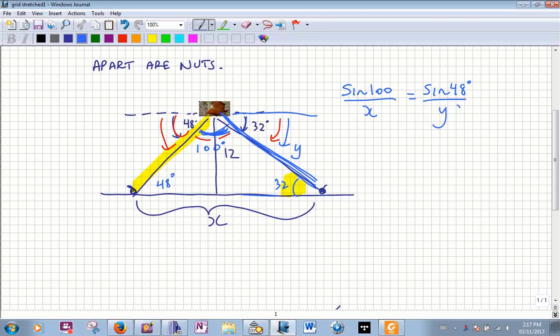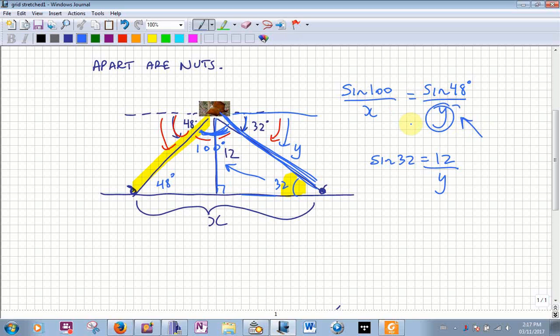I need to find something. x is what I'm trying to find. So first I need to get y, but what do we got here? Right angle triangle. And to get y, I know sine of 32 is opposite over hypotenuse, okay? 12 is the opposite. y is what I'm trying to find.